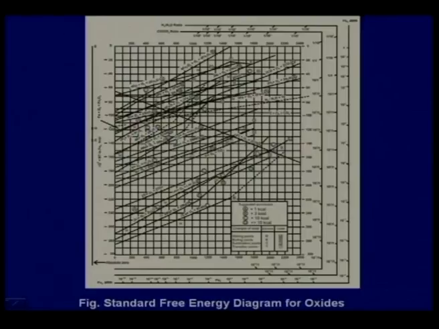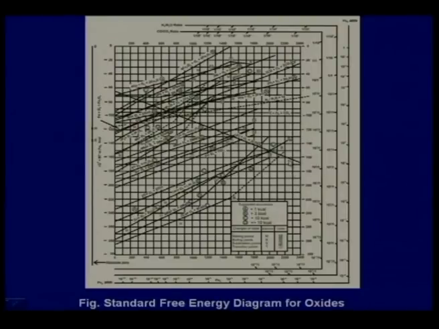The free energies of formation intersect here, which means beyond this temperature, CO becomes relatively more stable as compared to TiO2, and therefore, TiO2 gets reduced by carbon to form CO. As this line, which is carbon forming carbon monoxide, moves downwards, it intersects all of them.